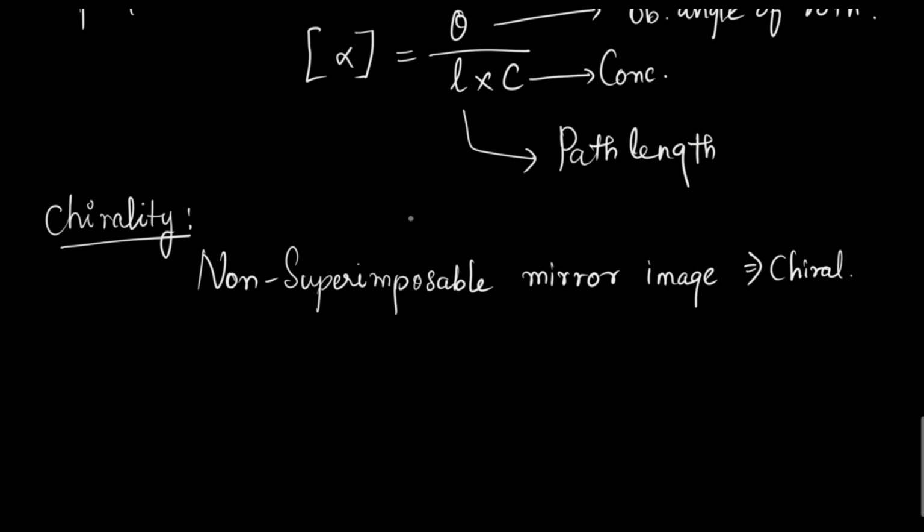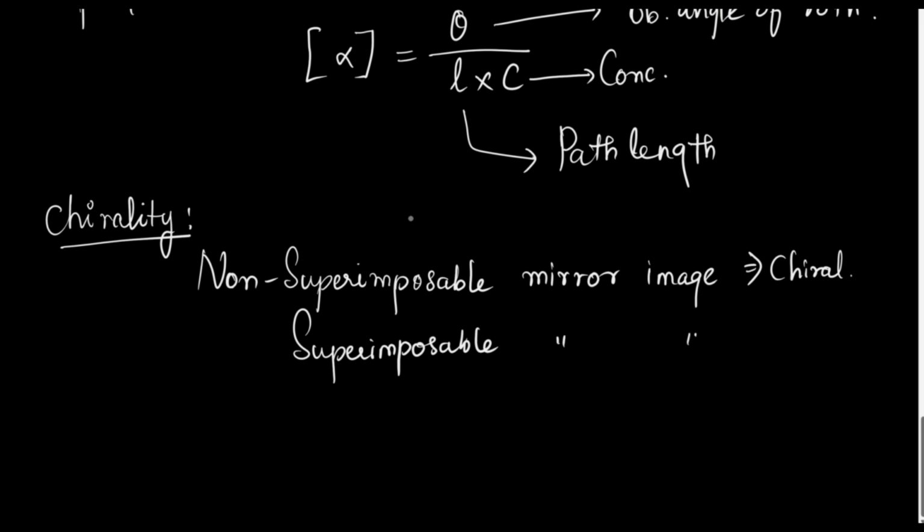Okay, while a compound that is superimposable on its mirror image is called achiral. If it is superimposable, then it becomes achiral.